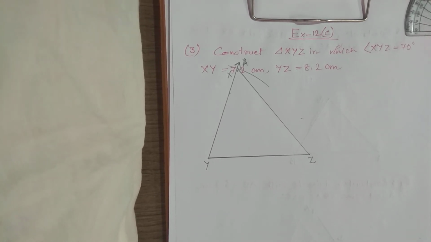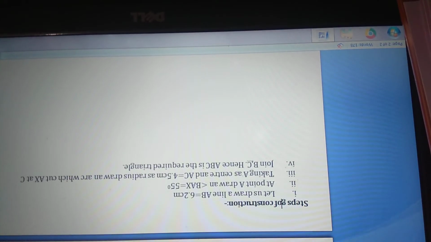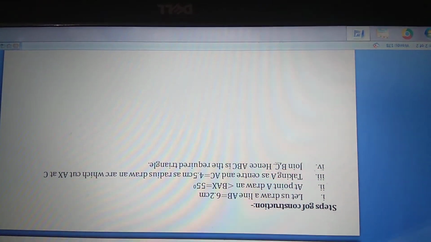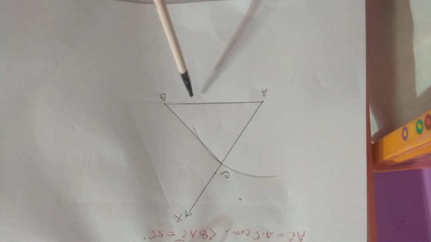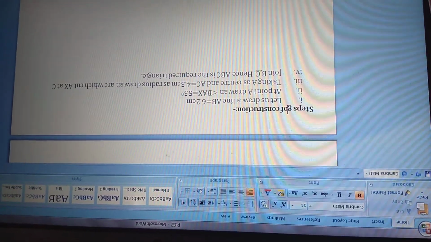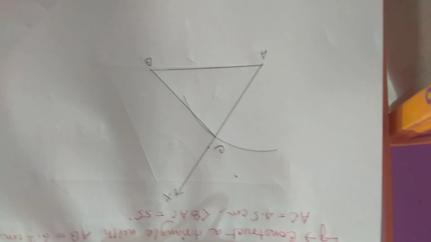Now we will see how to write the steps of construction here. Now see the steps of construction. Let us draw a line AB of 6.2 centimeter. So what we have drawn here? AB equals to 6.2. Then at point A, draw an angle BAX equals to 55 degree. So at point A, BAX equals to 55 degree is drawn.